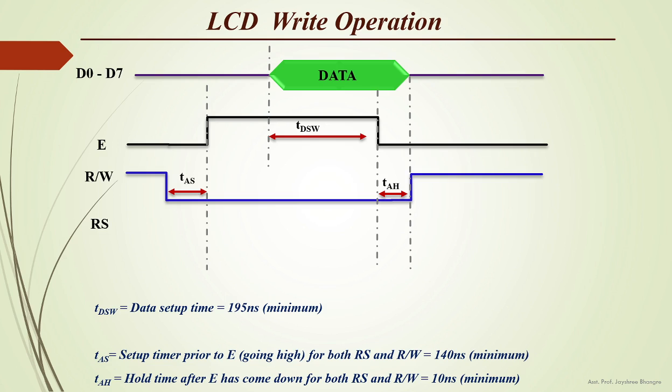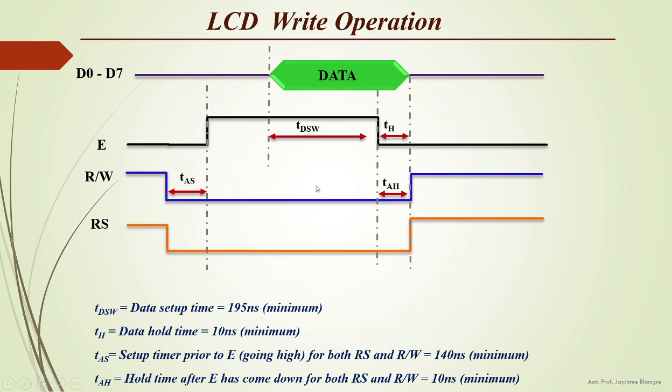Then we have to select the data register to write data, or select the command register to write commands to the LCD. So here we are selecting the command register by making this pin equal to 0, and we apply the signal at the same instant at which we apply the read/write signal, and similarly we remove this signal at the same instant at which we remove the write signal.